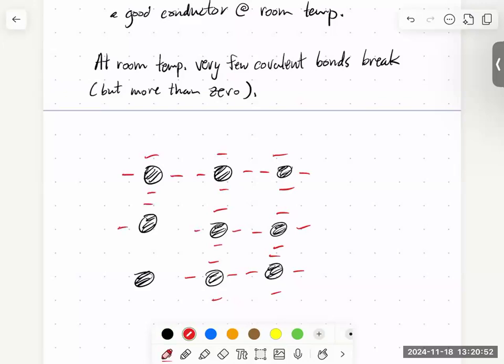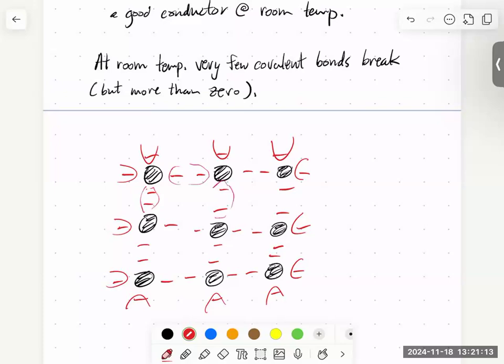And then I'm going to draw my covalent bonds, but we'll draw one of them as if it's broken. So we'll do these bonds on the edges. And then we have these interior covalent bonds, and one of them I'll assume has broken due to the thermal energy.